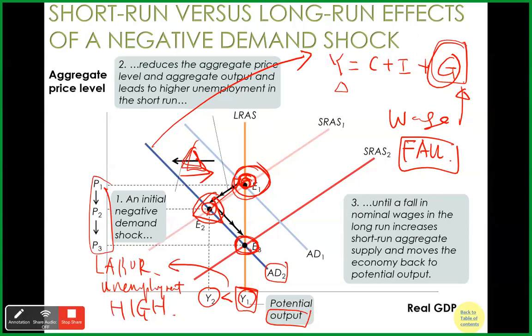Or more precisely, they did two things. They reduced government spending. They raised taxes. Now, I hope you understand what that means to the economy, right? If they reduce government spending, what does that mean to aggregate demand?